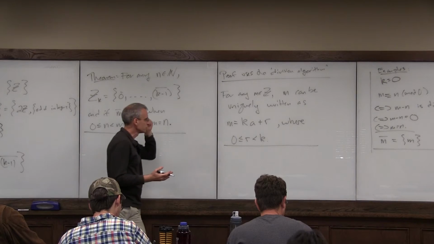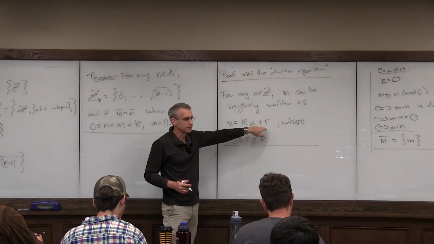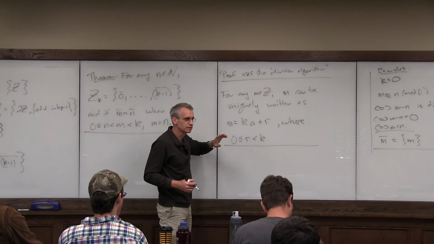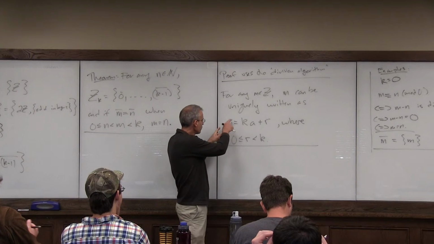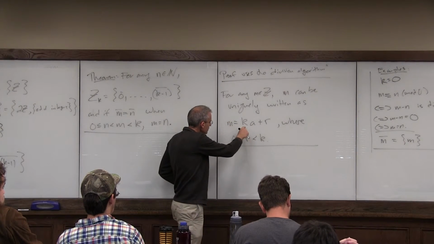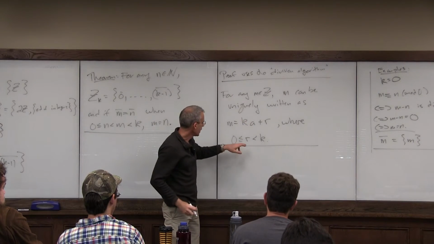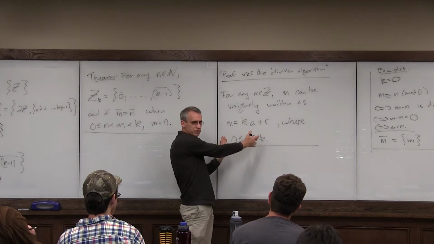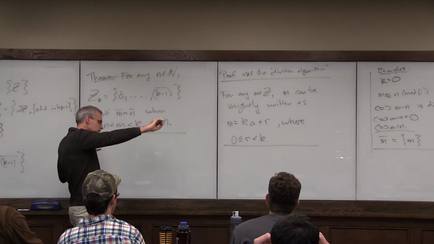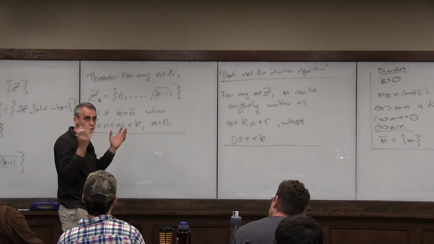Okay, why is this long division? Well, because r stands for remainder, right? And k is your divisor. And so this is just saying that whatever integer I pick up, I can always write it as some multiple of k plus some remainder, and the remainder is smaller than k. When you did division, the thing that you ended up with was always smaller than the divisor, and that was your remainder.